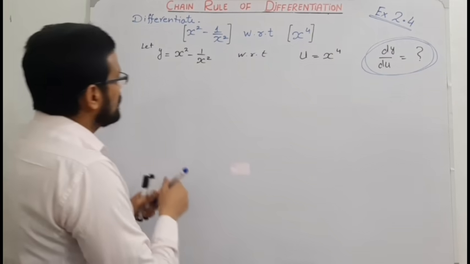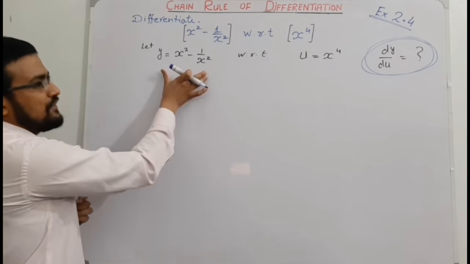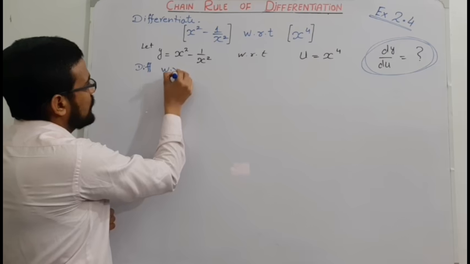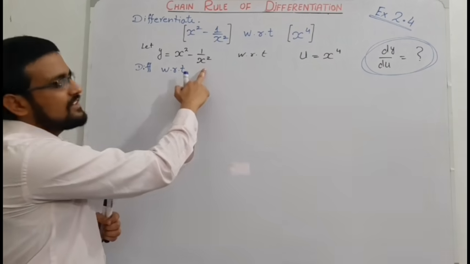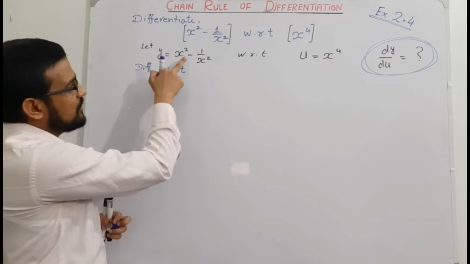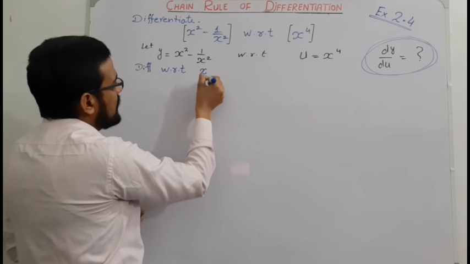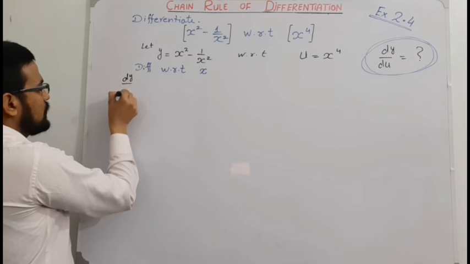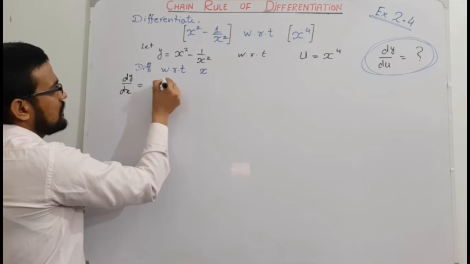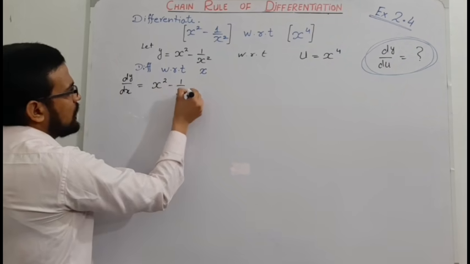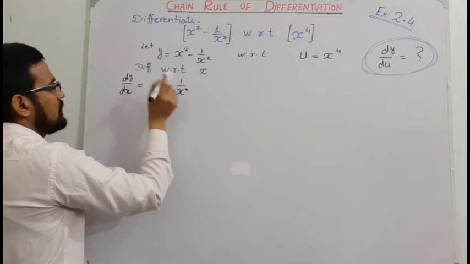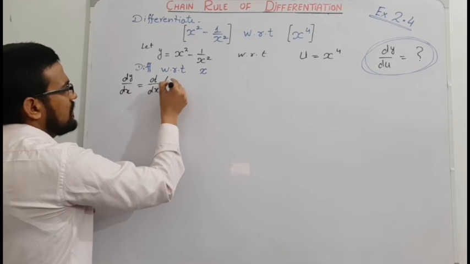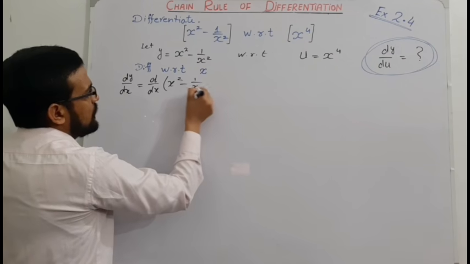First of all, differentiate this with respect to x. x is independent, y depends on x, so differentiate with respect to x. dy over dx is the derivative of x square minus 1 over x square.